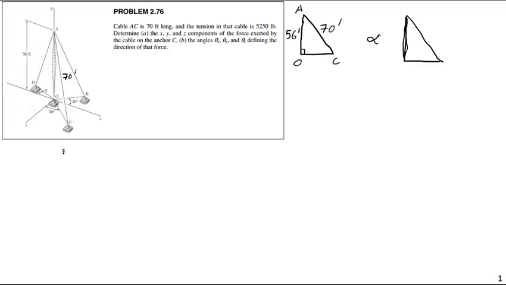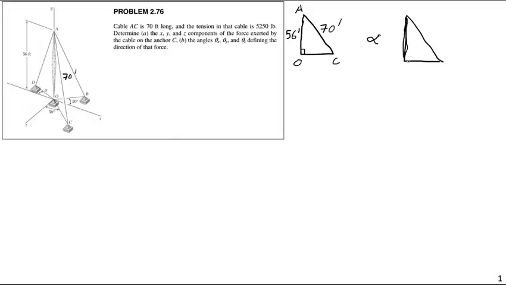In this case, I don't know what this side length is. I don't know what this coordinate is. I don't really know either the X or the Z coordinates of point C. I do know all the coordinates of point A. I know that it's at 0, 56, 0, but that's all I know about it. I don't know the coordinates for point C. I could solve for it using trigonometry, but I think this might be a little bit simpler.